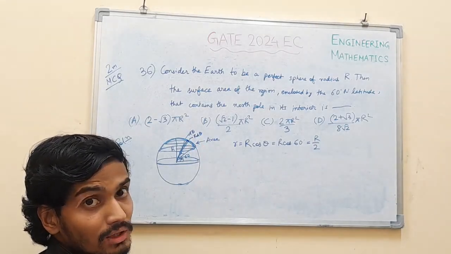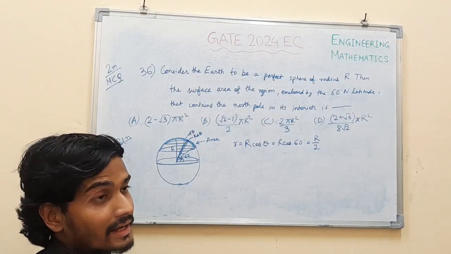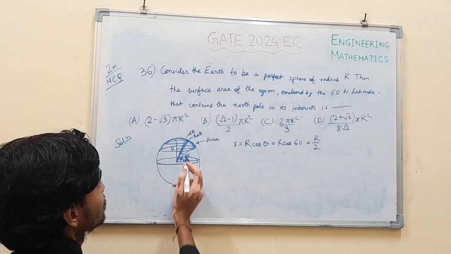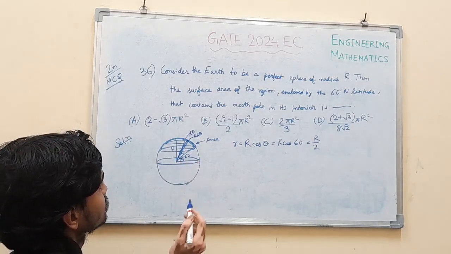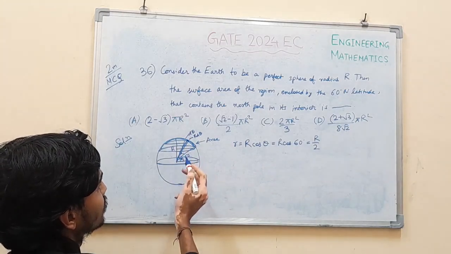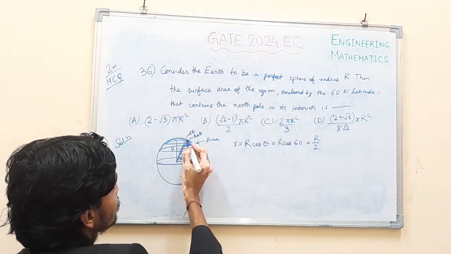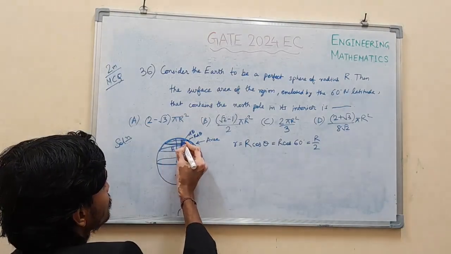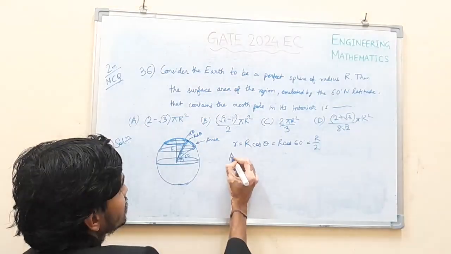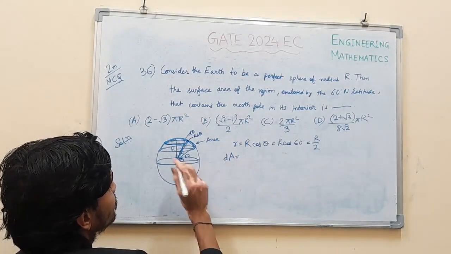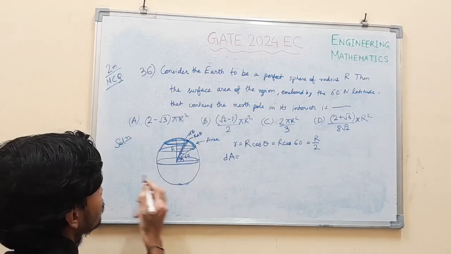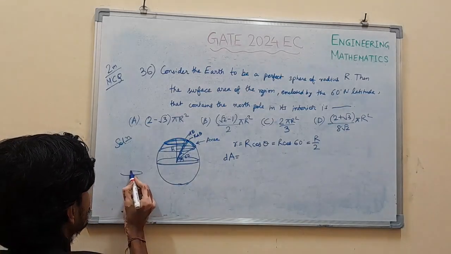This is the arc length formula, radius into angle. And what is the perimeter? What is the area of this region? dA will be what, for any small angular strip?